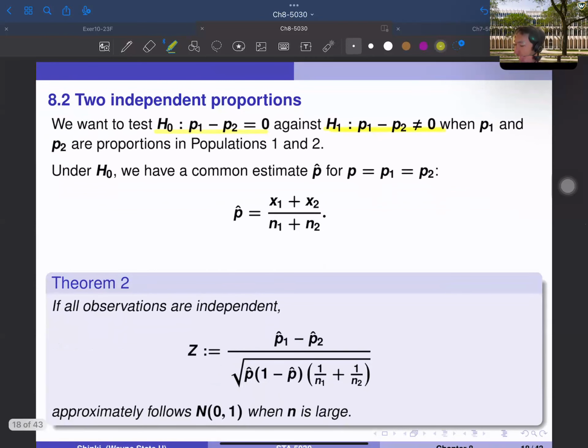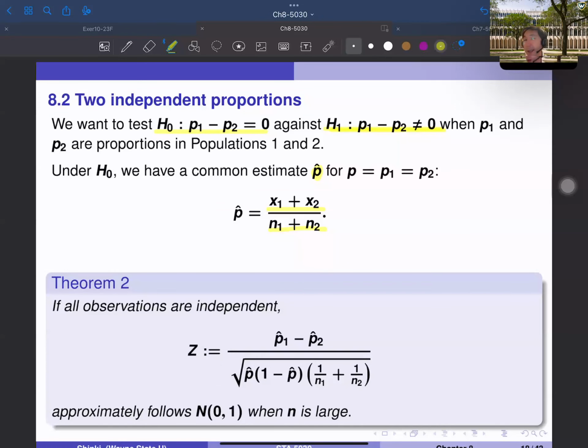Then at first, we want to get an estimate for P hat. The estimate of P hat is calculated from the sample proportion of the entire data.